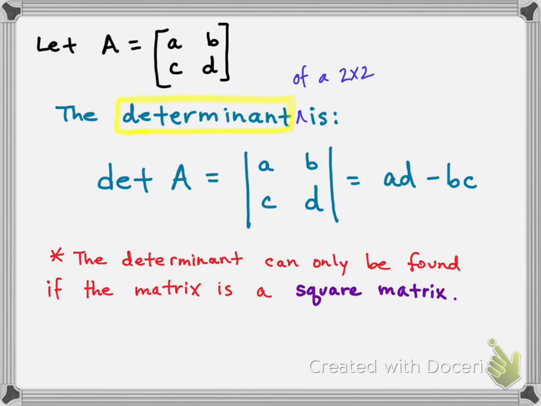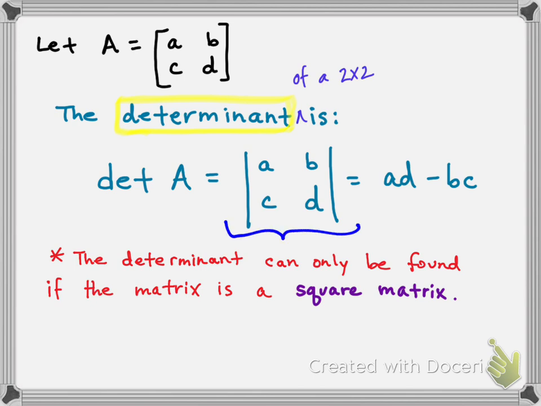Okay, so in terms of inverses, how do you find an inverse of a matrix? Well, if we have a square 2 by 2 matrix, we are going to find these by hand. So first you have to find the determinant. So let matrix A be little elements A, B, C, D. The determinant of a 2 by 2 is calculated by writing the determinant of A, which equals, notice this notation looks like absolute value.